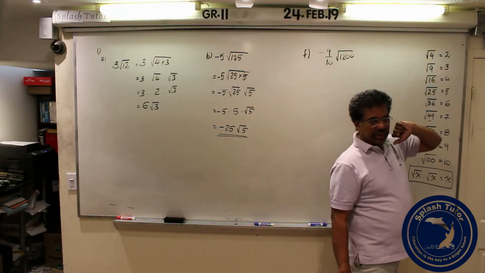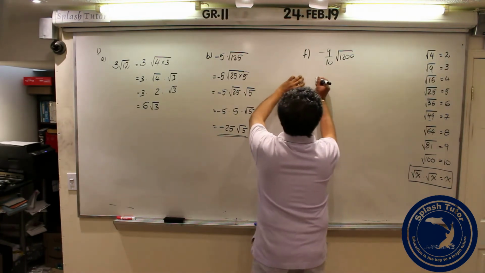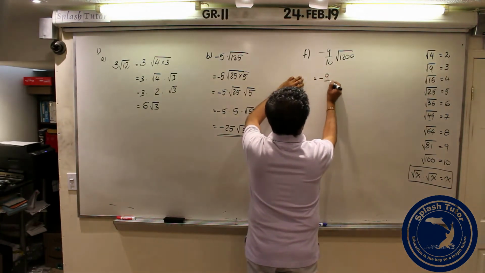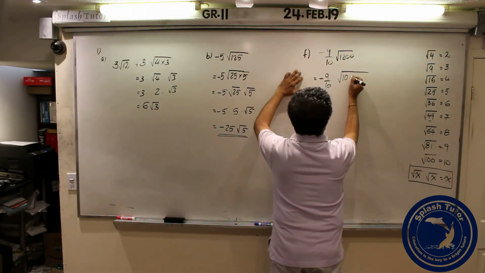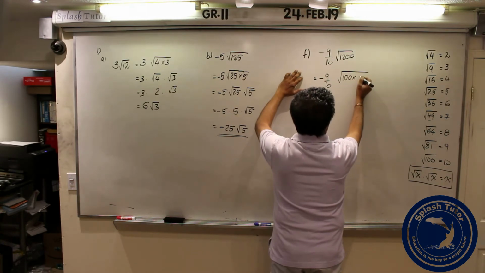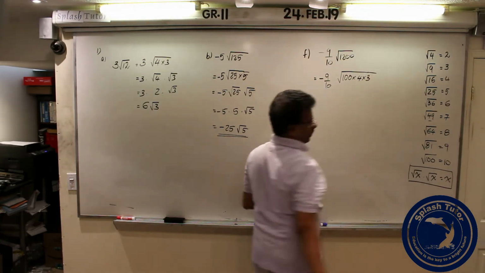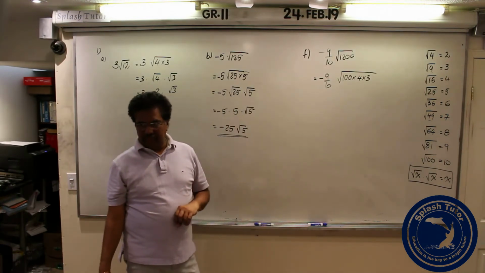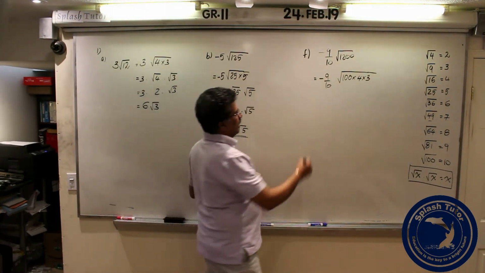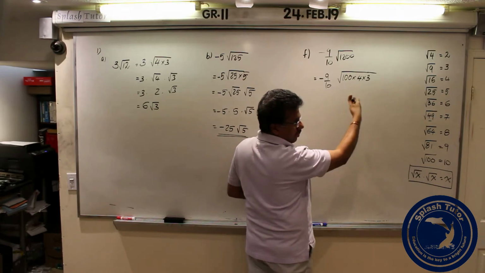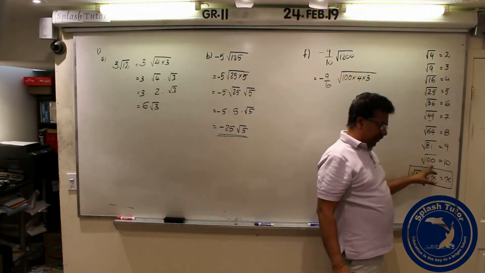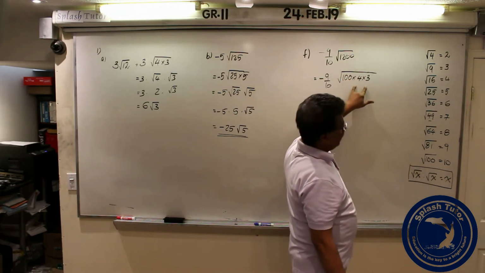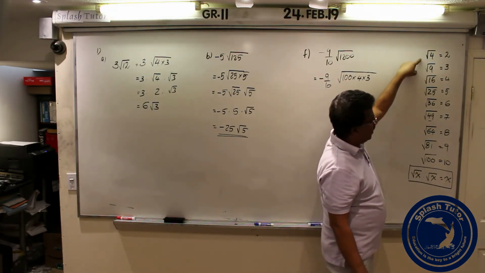So this one is equal to minus 9 over 10 root of 100 times 12, and 12 is 4 times 3. It's a bigger number, so we know it's divided by 100, we found 1, and we got 12. 12 I can still do as 4 and 3.